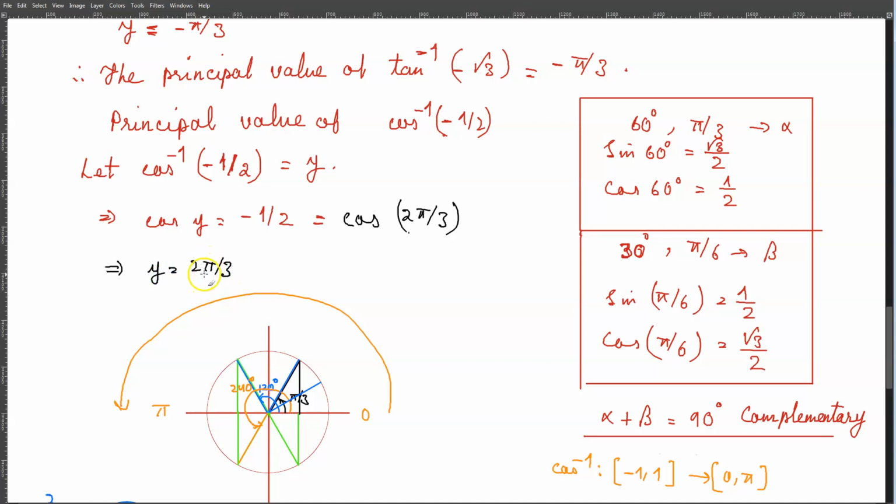And therefore the principal value of cos inverse of negative 1 by 2 is equal to 2 pi by 3, right?